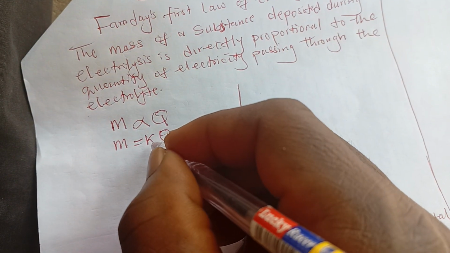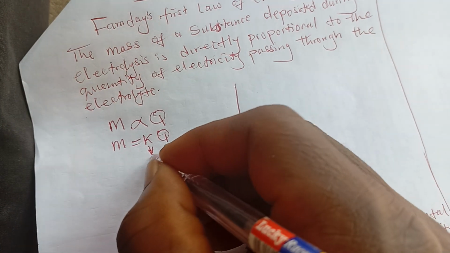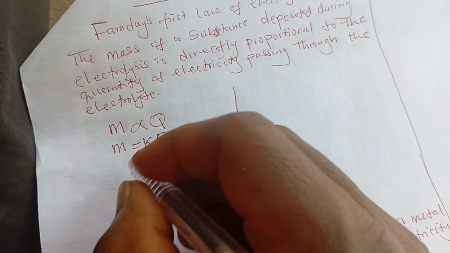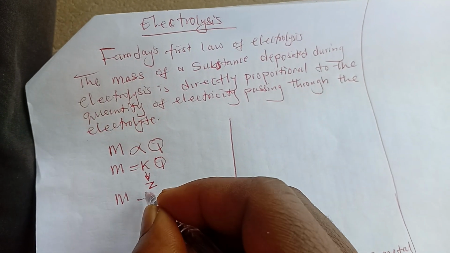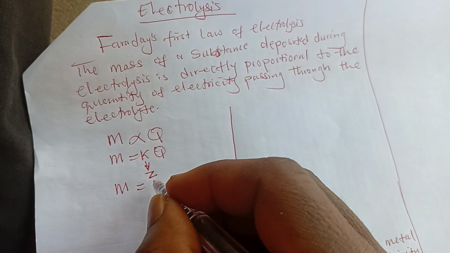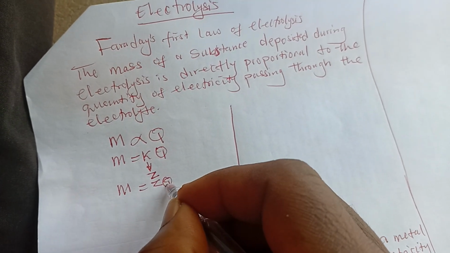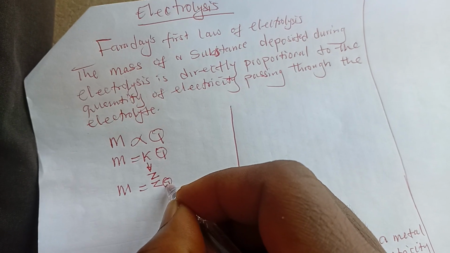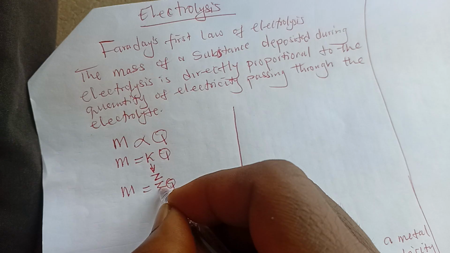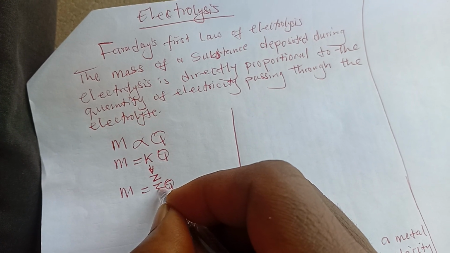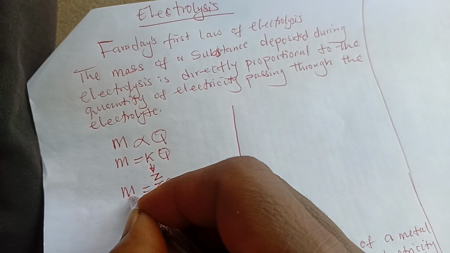This K, which stands as a constant, is always represented by Z, which makes the mass equal to ZQ. Q stands for the quantity of electricity, Z stands for the electrochemical equivalent, and m stands for the mass of the substance.